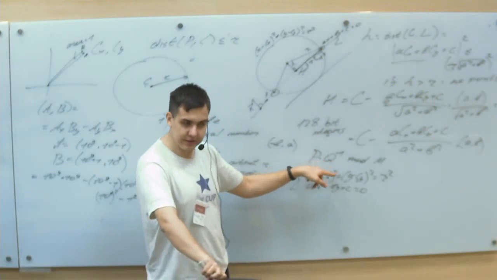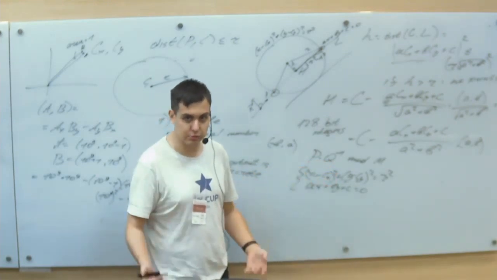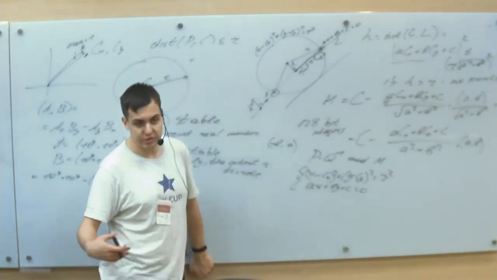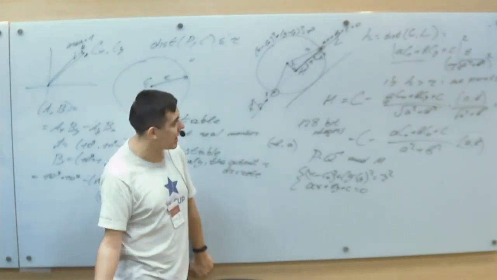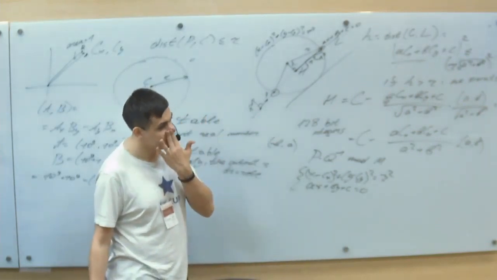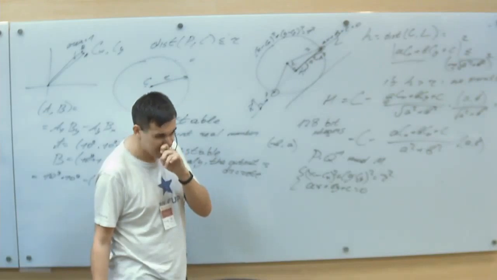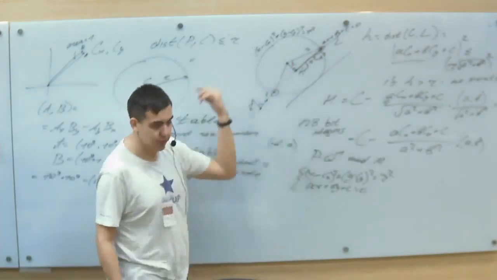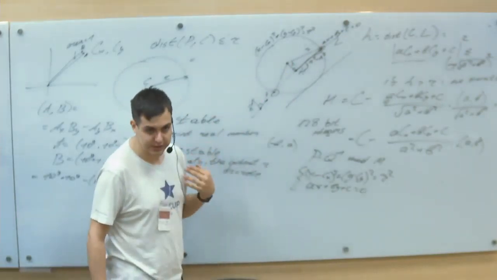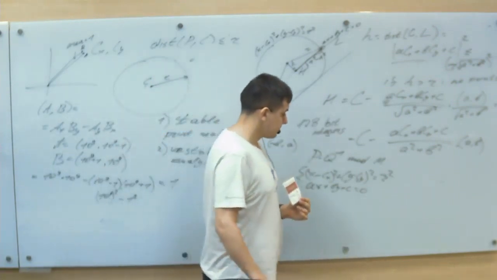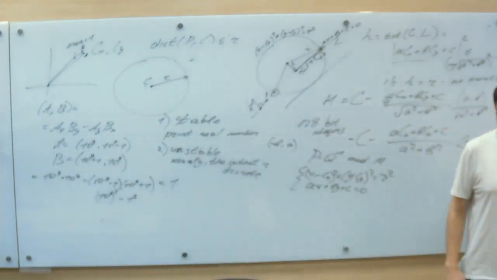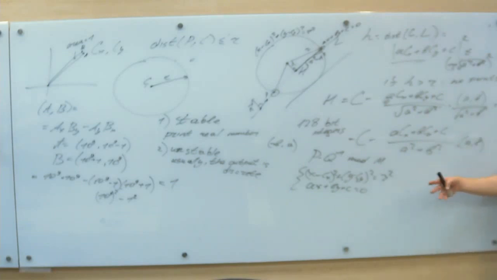And then you can plug it into the first equation and you get a quadratic equation on x or on y. So you solve it. And then you can calculate x from the second equation again. So this is a good way if you don't want to remember any of this geometry.